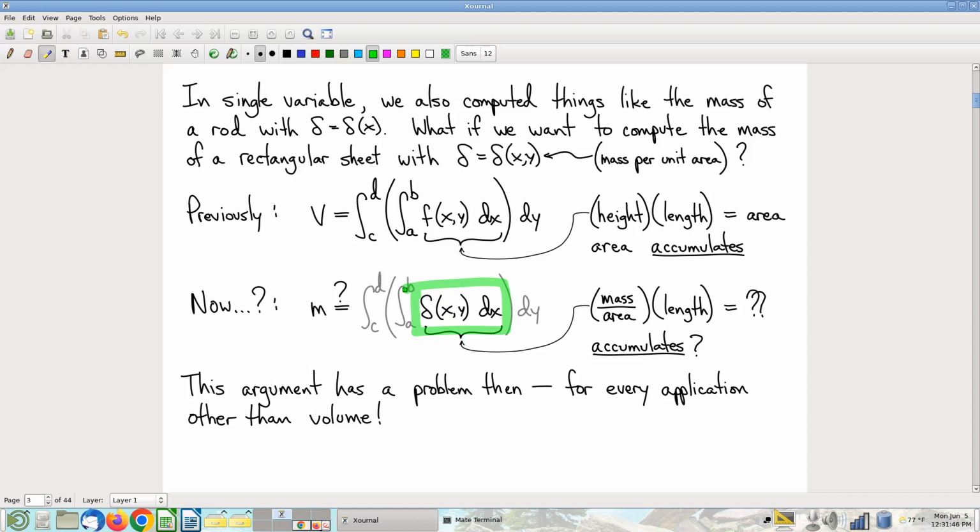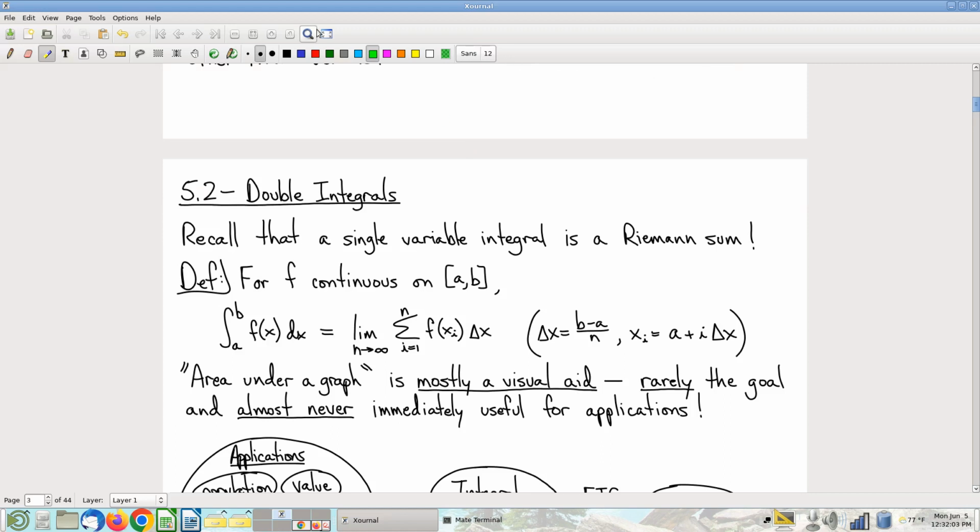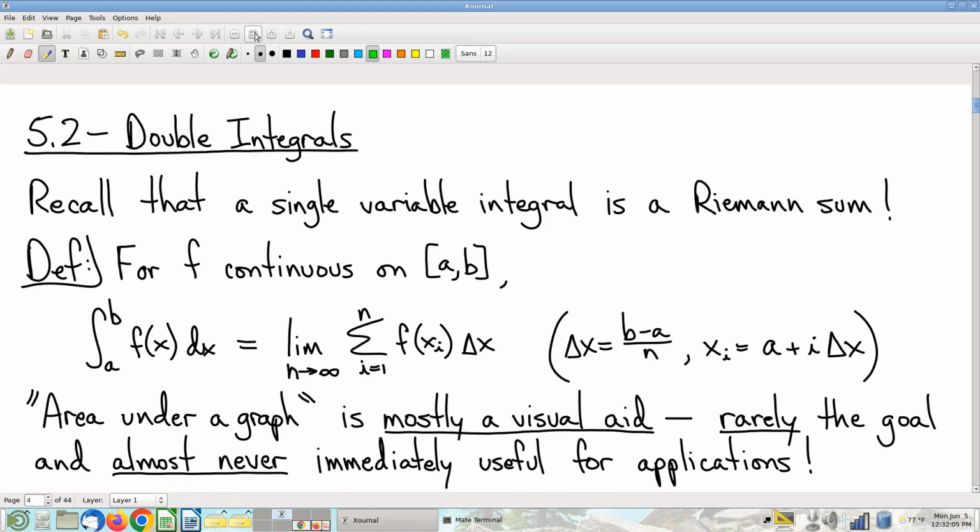We could force our way down that road and try to make sense out of it, and you can, but it's a tough road, and wouldn't it be nice if we didn't have to do that? So that's what we're going to pick up now, and we're going to talk about a new idea called a double integral.